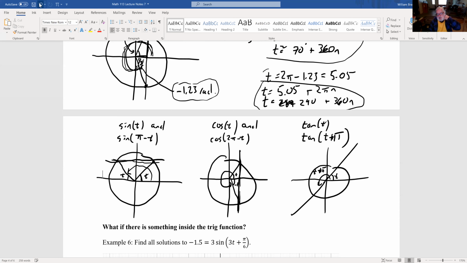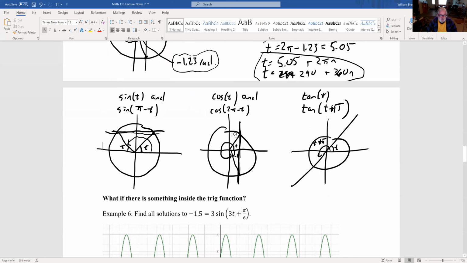So tangent of t and tangent of t plus pi are the same. That's how, if you know one solution, you can get the other solution.